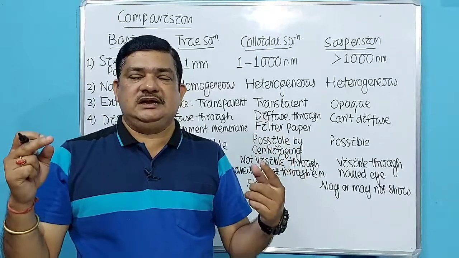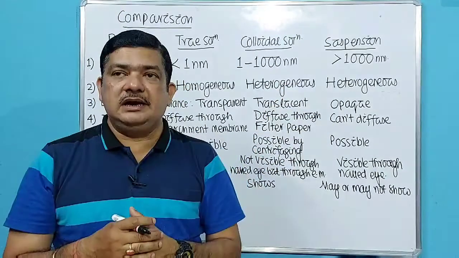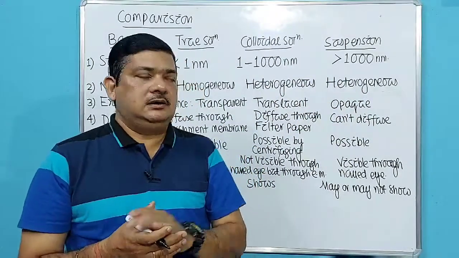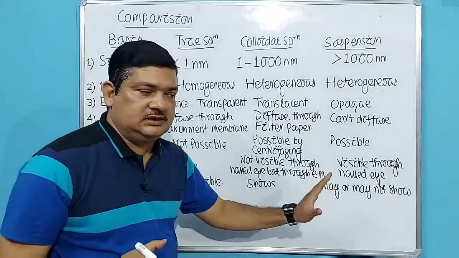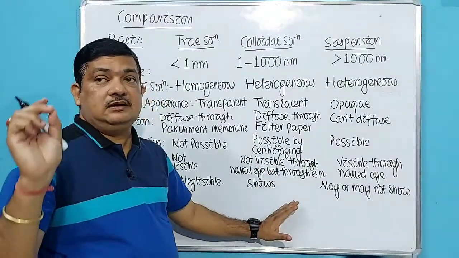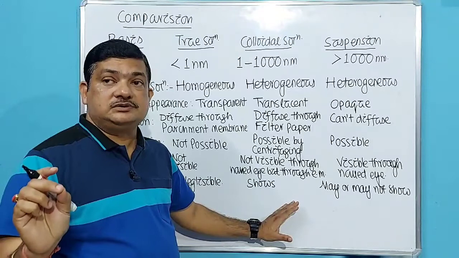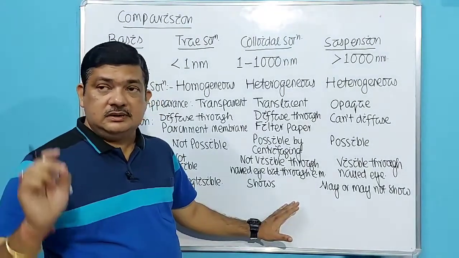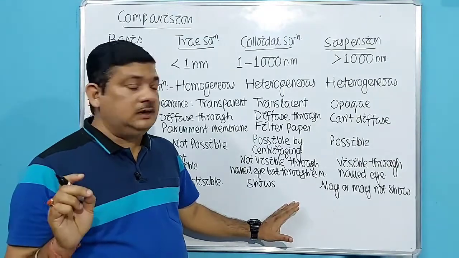So the visibility of those particles through illumination is called Tyndall effect. When a light falls on the particles of the solution, then only in case of medium particle size, that is colloidal solution, it is observed. It is not observed in case of true solution because the particle size is too small.